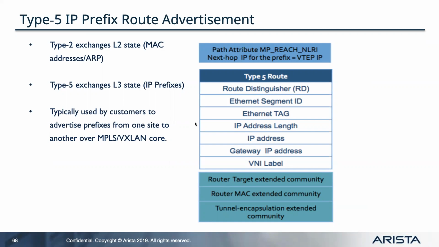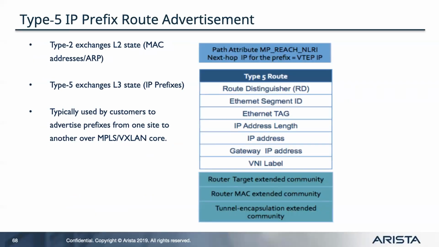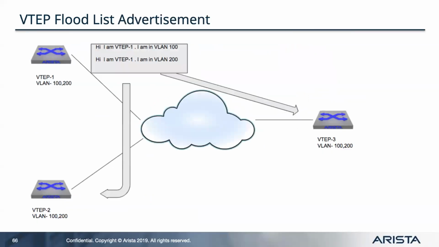Okay, so let's now move to L2 EVPN. So far, we have discussed different route types, type 1 to 5, and which one will be used in which case. Types 2 and 3 will be used in L2 EVPN, types 1 and 4 for multi-homing, and type 5 is for L3 EVPN.